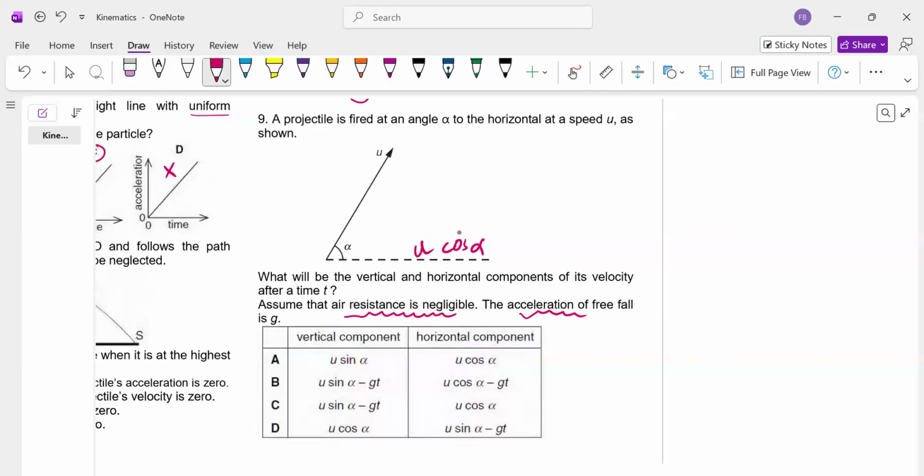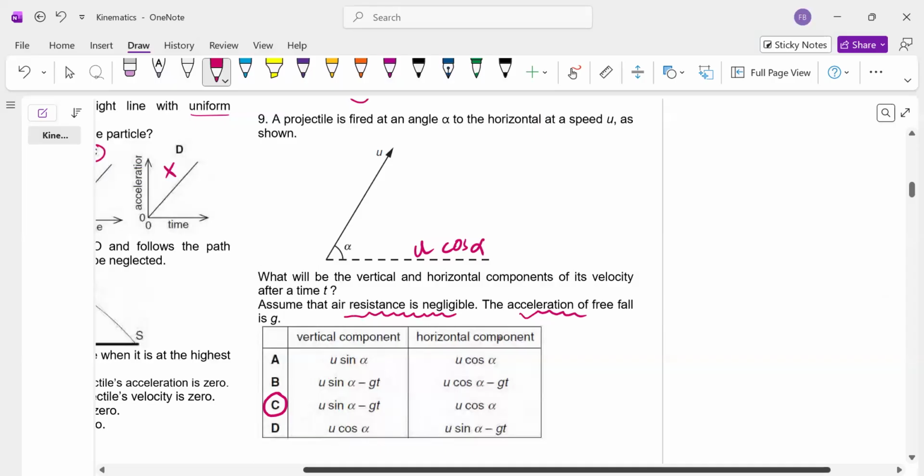I think it will be C. Why? Because in the horizontal component it will remain the same, but in the vertical component you remove air resistance.